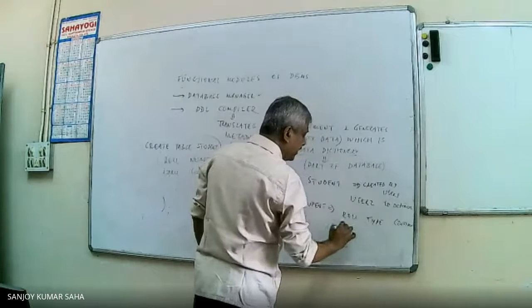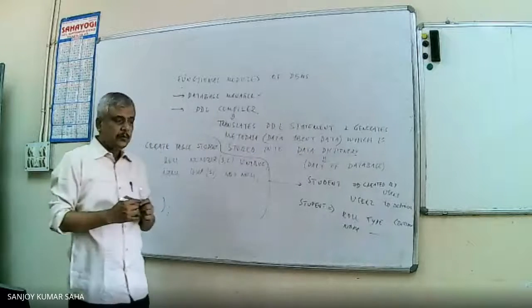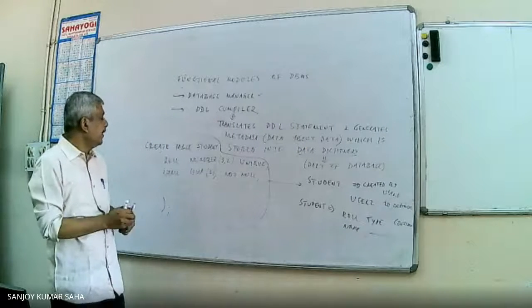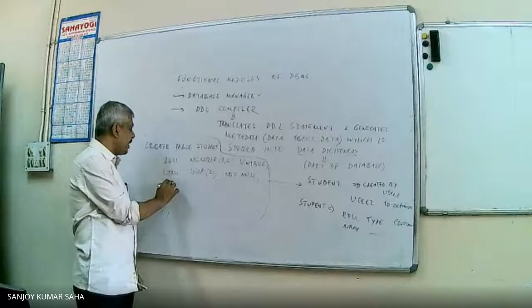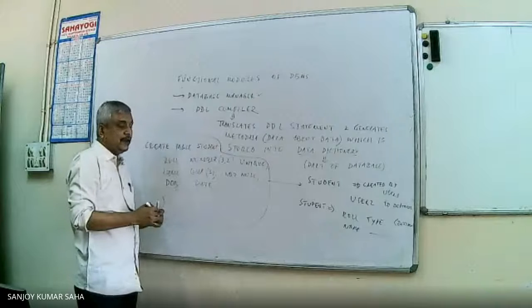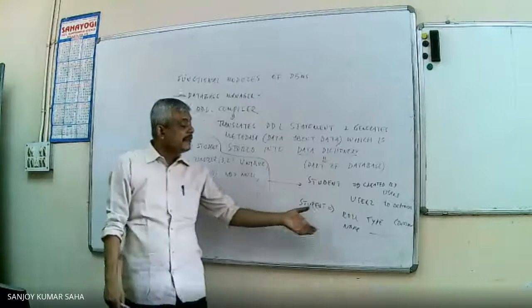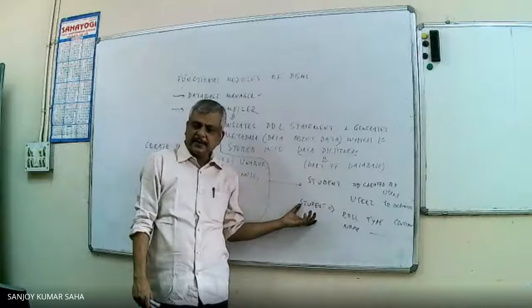Similarly, name, etc. So if I say, show me the date of birth for a particular student, before doing that, you will check whether date of birth is a valid attribute for that particular database.